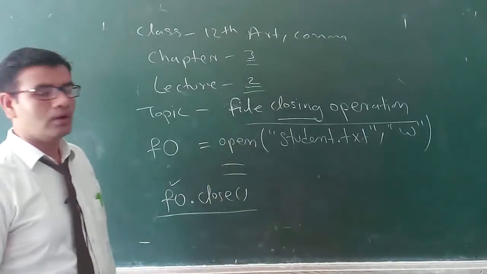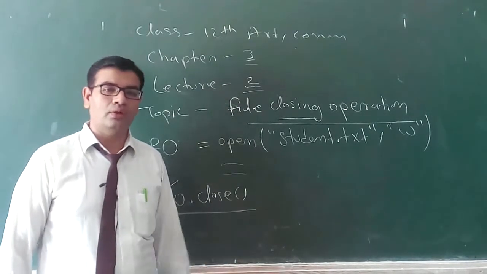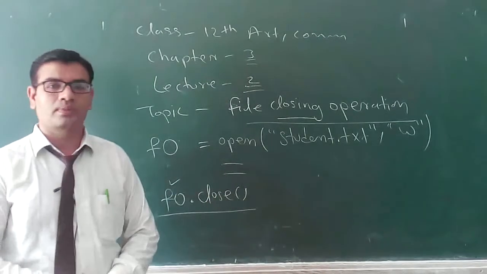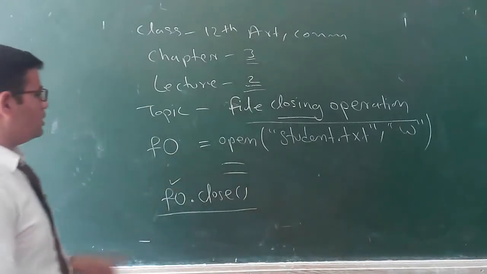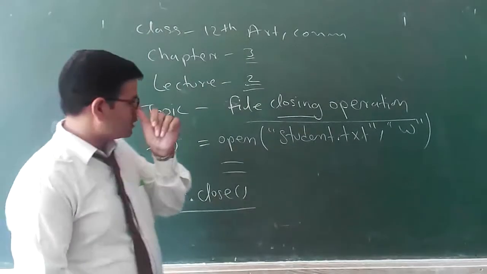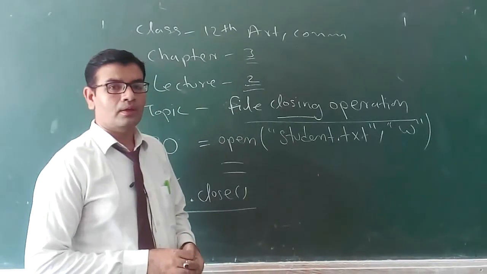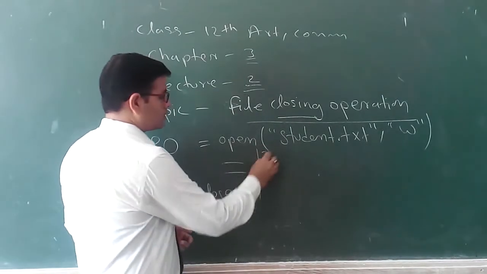Now your processor is free to execute the next file, next instruction, next statement or next task. Okay, this is the first method by which we can close our opened file. Next, we can also use a second method.